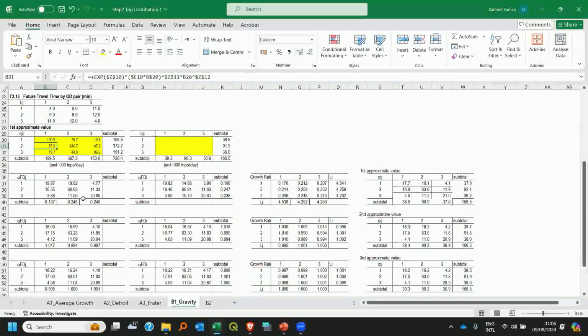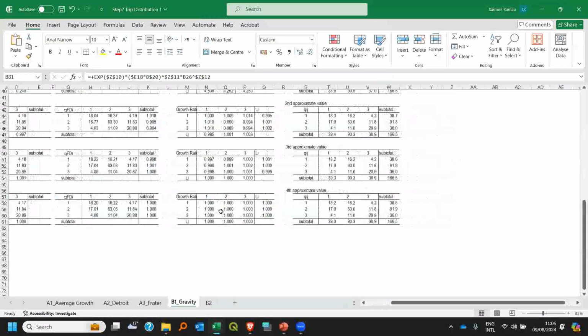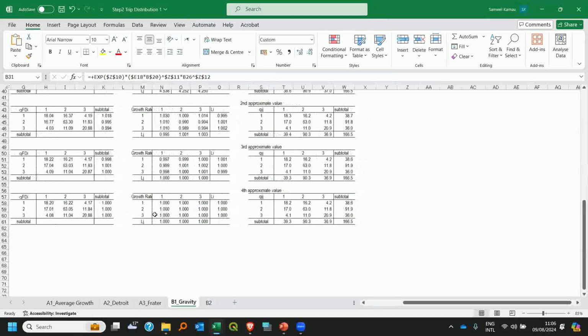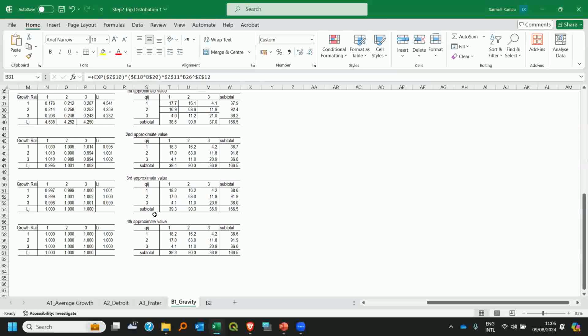And the next time, the value is adjusted. Then the final OD tables are developed. This is a very, very simple explanation about how to develop the trip distribution models.